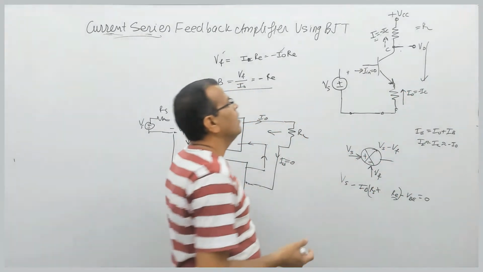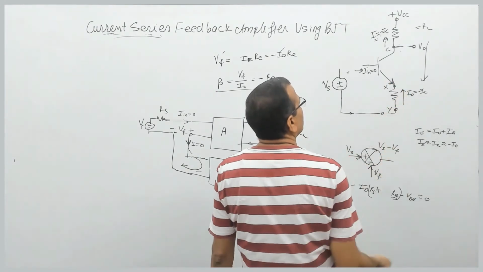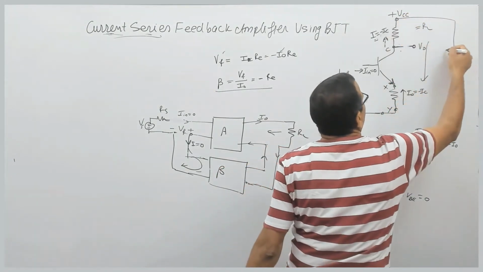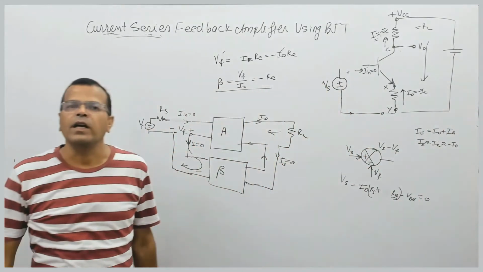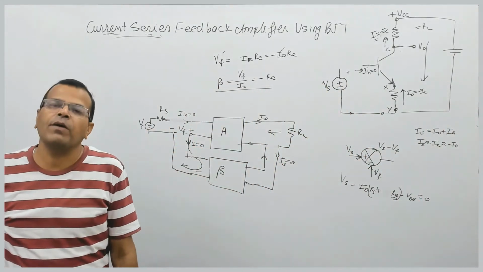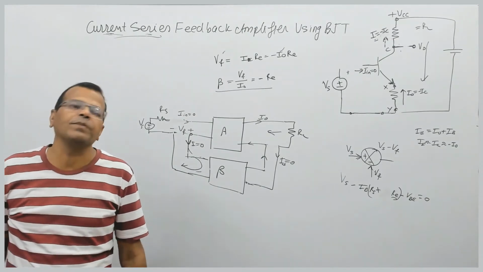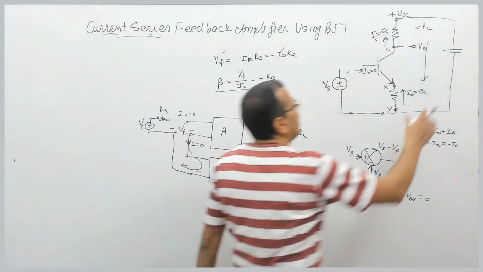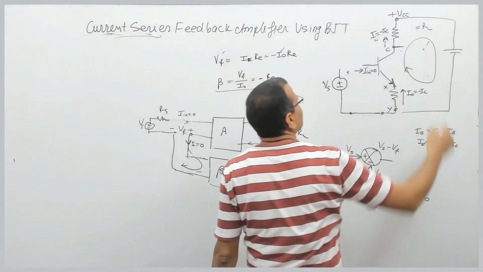So if this terminal is X and this terminal is Y, you can replace this voltage source like this. That's also correct. Either you put a potential at a point, or you connect a battery between that point and ground, that is the same thing. So now the output current is flowing this way.